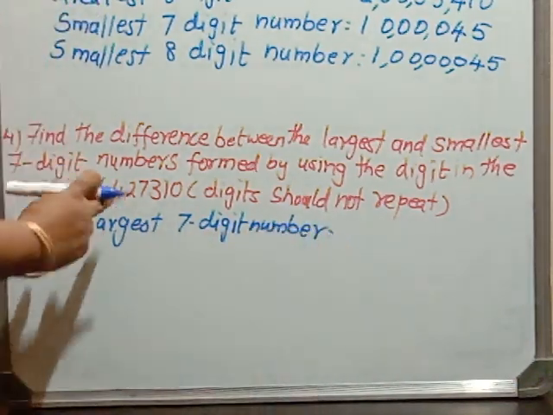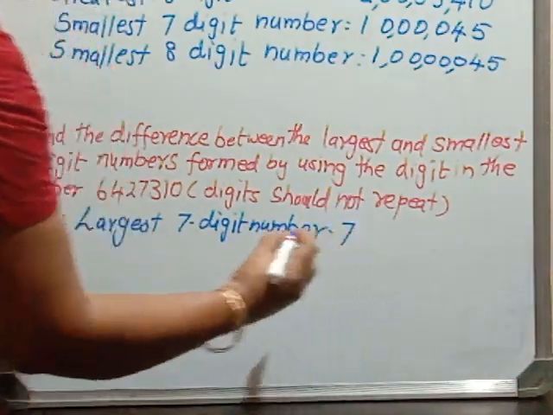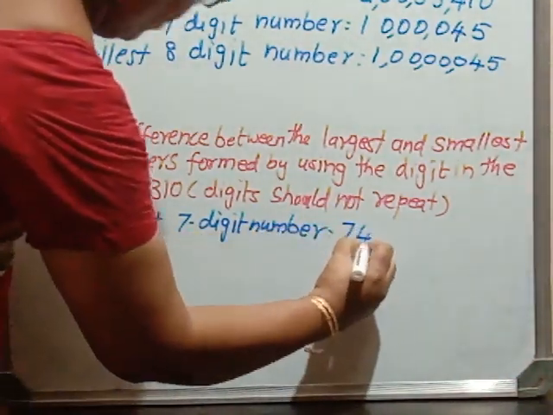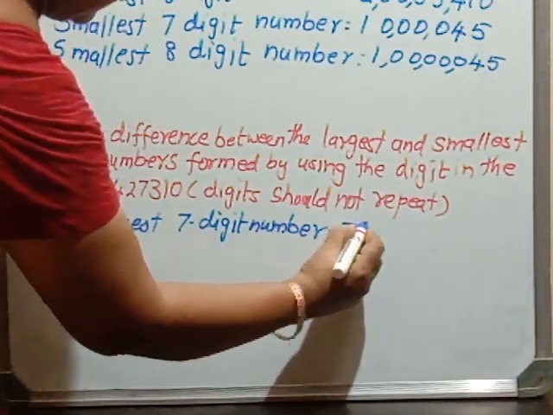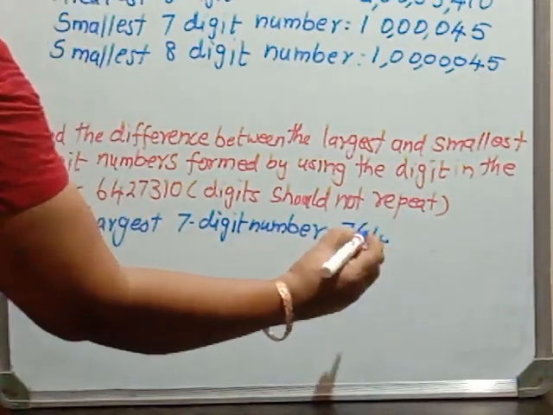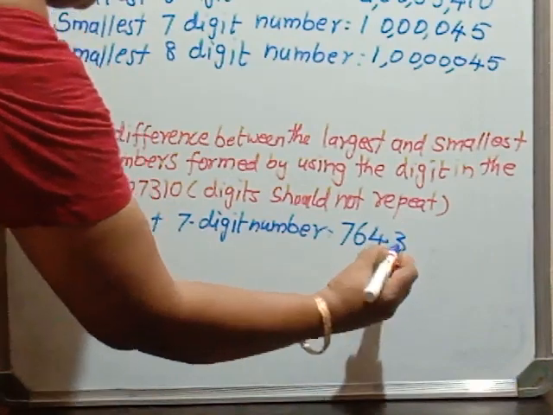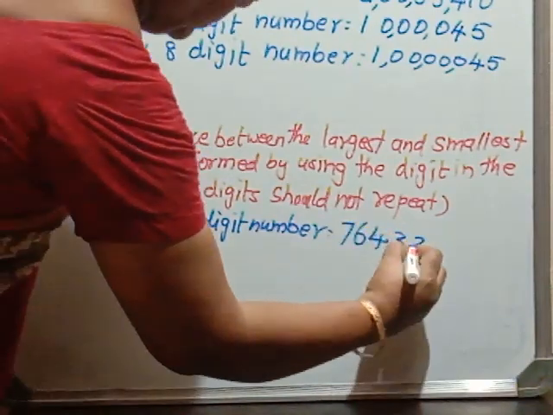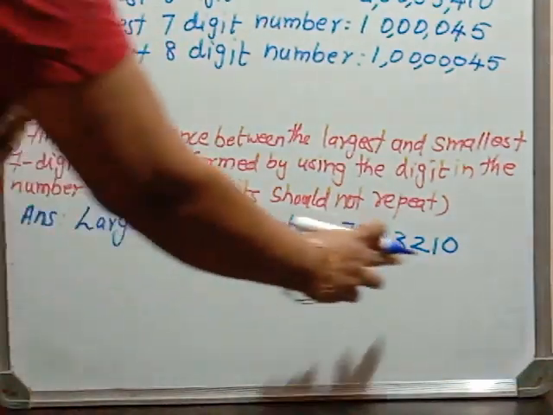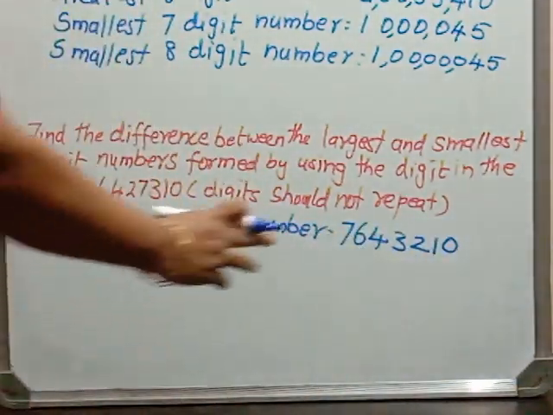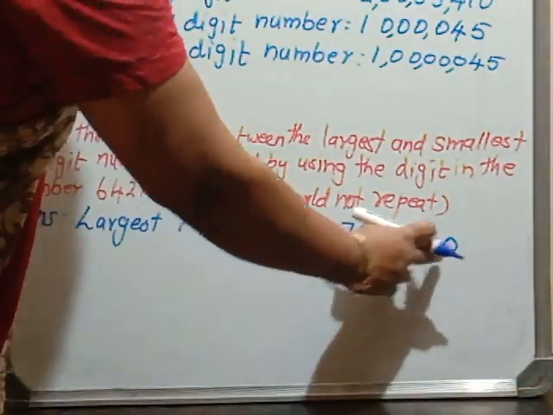Here, which is the biggest one? 7, 6, 4, 3, 2, 1, 0. Are you got all the 7 digits? 7, 6, 4, 3, 2, 1, 0.